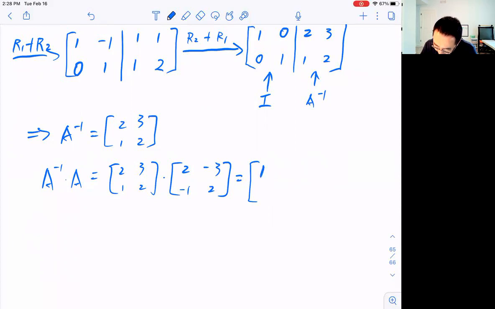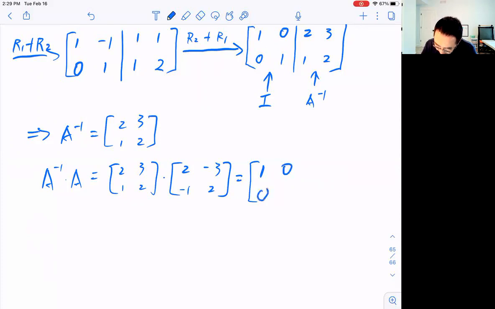Then the second element in the first row is 2 times -3 plus 3 times 2. It is this number multiplied with this number plus this number multiplied with this number. If you do the math, it's -6 plus 6, so that is indeed 0.